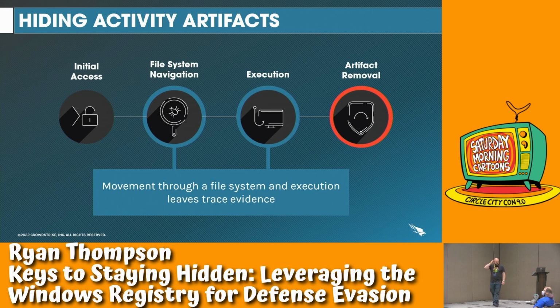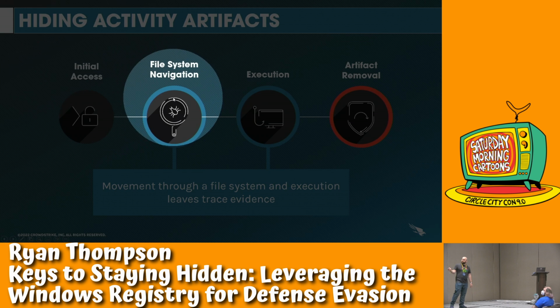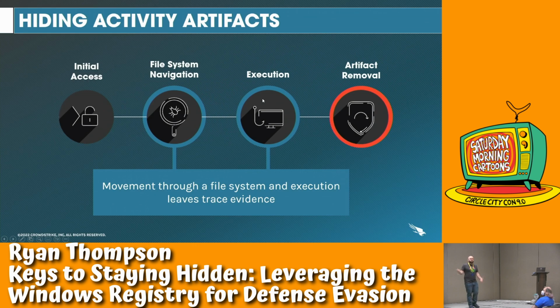That's our first artifact. Our second artifact is just going to barely touch on activity artifacts. So what do I mean by activity artifacts? Adversary gains access. They start doing some file system navigation, start digging around some, and maybe they start executing some applications that are native to the system.